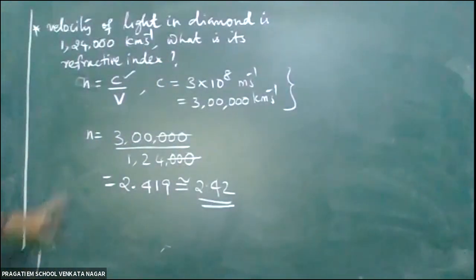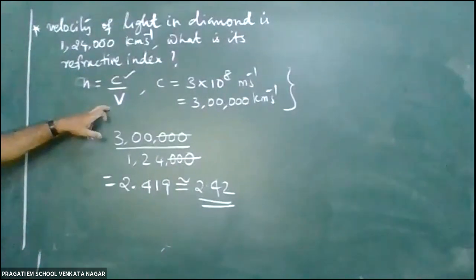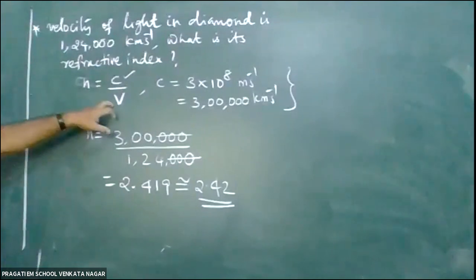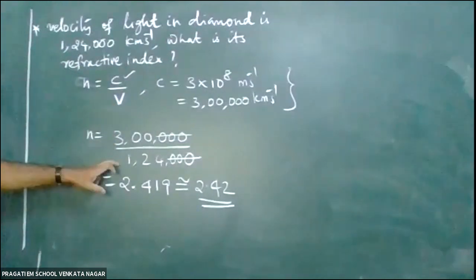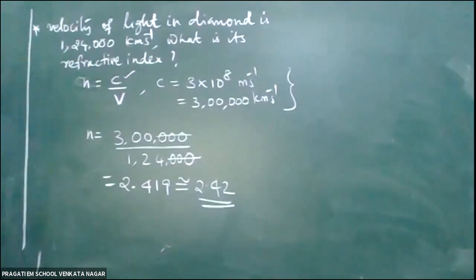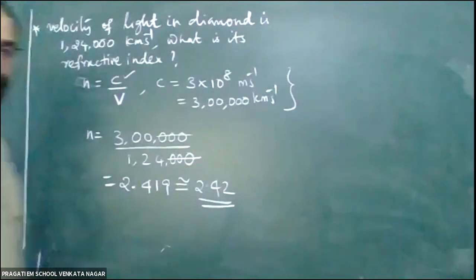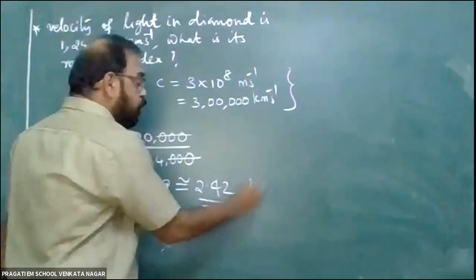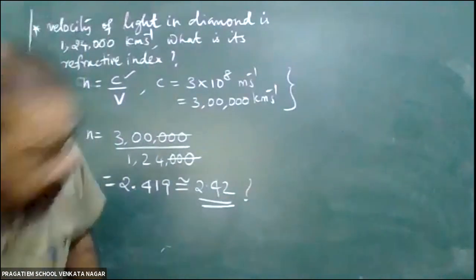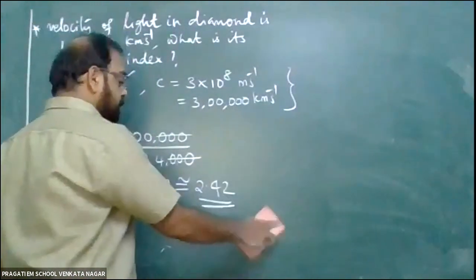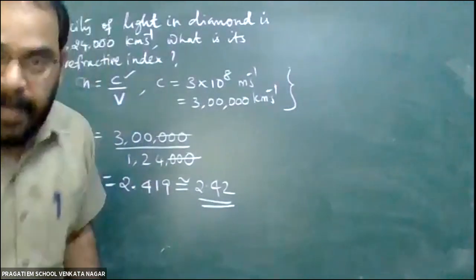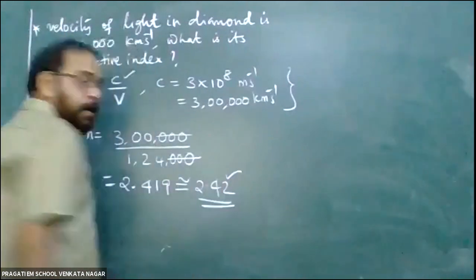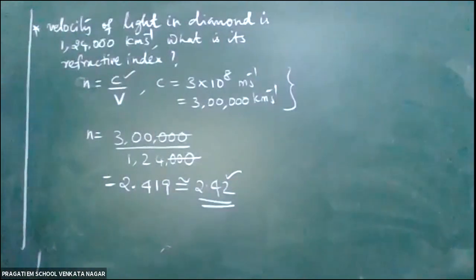V is the velocity of light in the given medium. So C by V, 3 lakhs by 1,24,000, approximately we get the value 2.42. Again I said there is no unit for refractive index. You don't write meter per second or anything. Refractive index is a mere number. It has no unit. So the answer is 2.42.